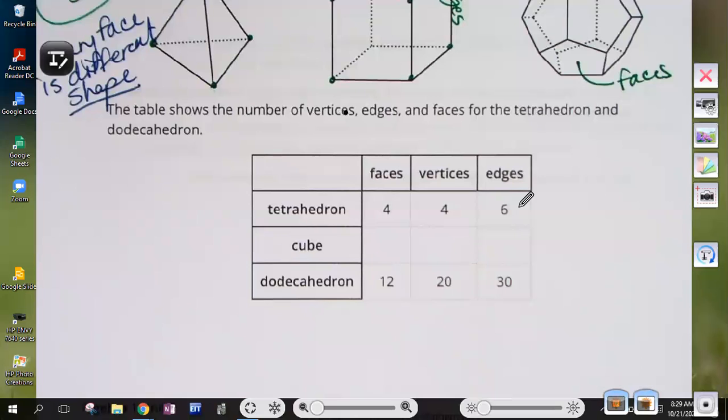Make your observations on the next page on number 1. Just try to come up with at least 1, 2 if you can, about what you notice in your table. Okay. Next little page over here. Let's see if I have those.